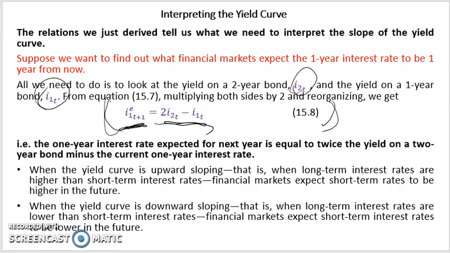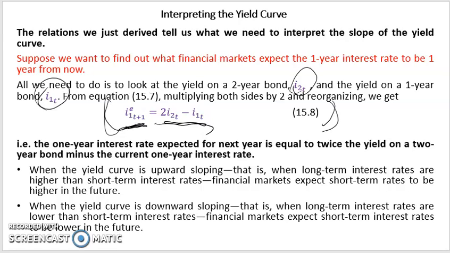So this relation basically tells us that we can now interpret the yield curve such that when the yield curve is upward sloping, that is when the long-term interest rates are higher than short-term interest rates, it tells us that financial markets expect the short-term interest rate to be higher in the future.